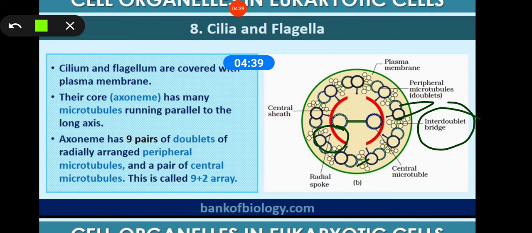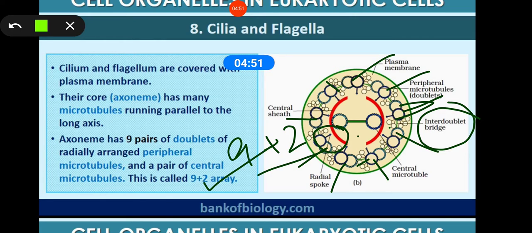Okay, and how many are there? These are 9. 1 2 3 4 5 6 7 8 9. So these are 9 doublets with 2 inside, so it is called a 9 plus 2 array. You can see it is written over here. So these are the microtubules. The core axoneme has many microtubules. So how many microtubules are there?